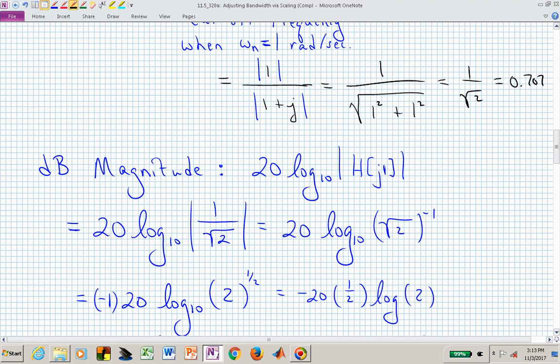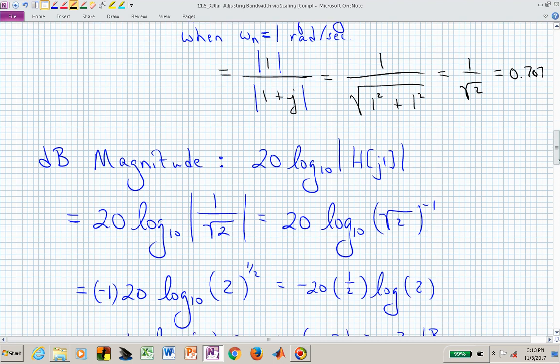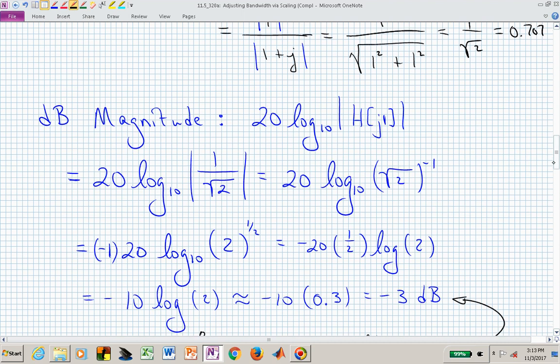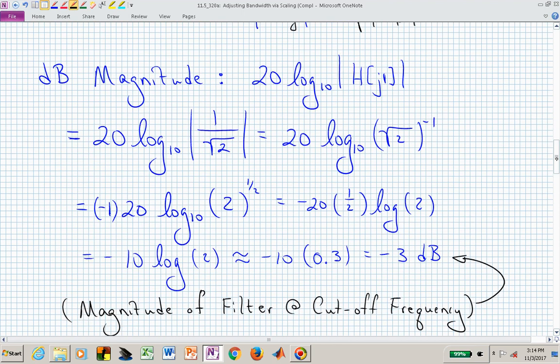So again, let's take that exponent inside the argument of the logarithm out in front, and we have -20 times 1/2 log of 2, but half of 20 is 10, so now we have -10 log of 2. This is why you might like to have this little chart of logs of these integer values. Log of 2 is roughly 0.3, and if we scale 0.3 by 10, we get 3, and that's where this -3 dB at the cutoff comes from.